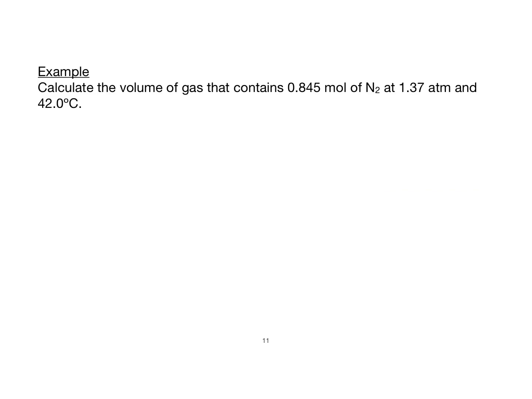So calculate the volume of a gas that contains 0.845 moles of nitrogen gas at 1.37 atmospheres and 42.0 Celsius. So in this case, we're going to use PV equals nRT. And so we know that because it's a gas, but the other way we could have figured that out is by writing down what we know.